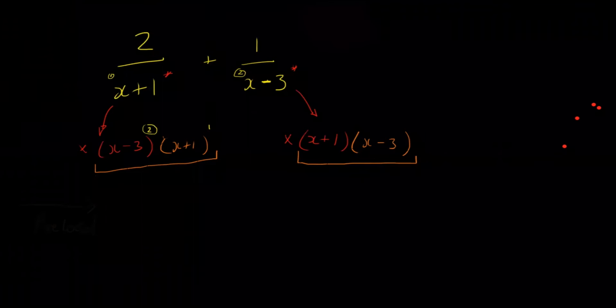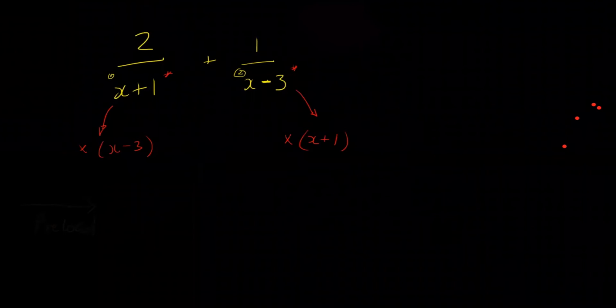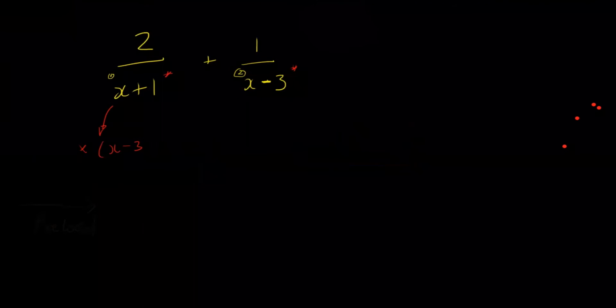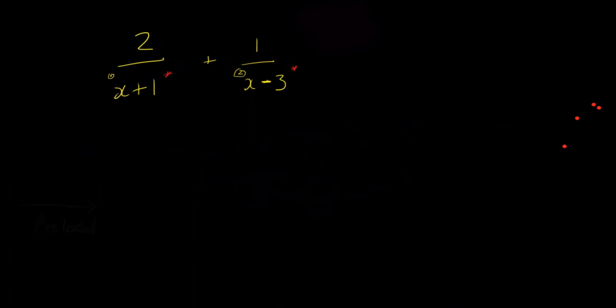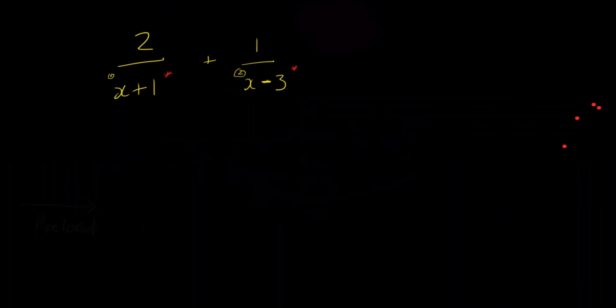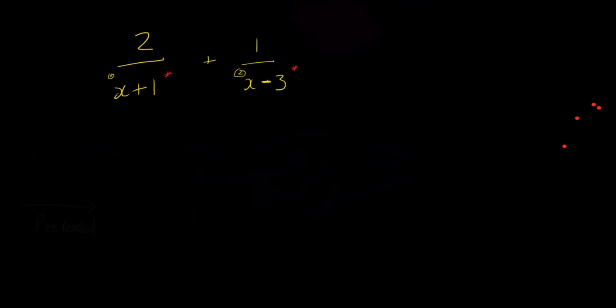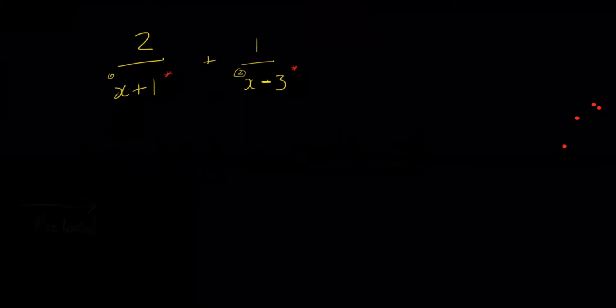Let's go back to first principles again. What's the only way I can add these two fractions together? What's the only way I can do it if the denominator is the same? Okay, stop talking for a second. Answer my question.